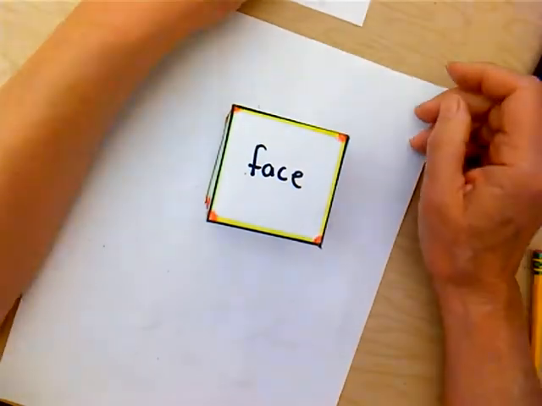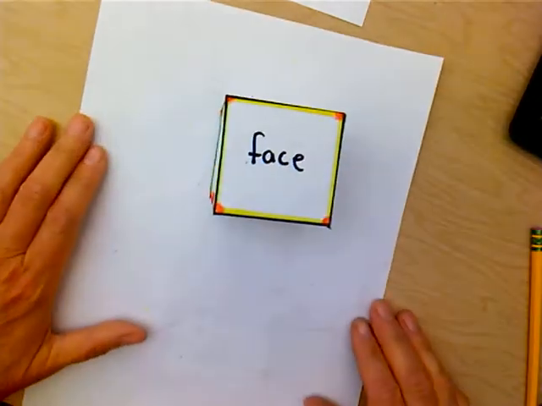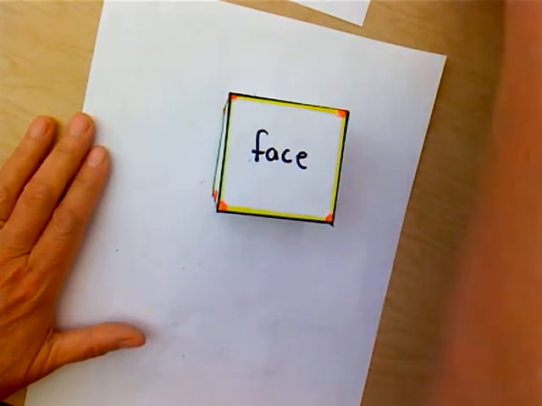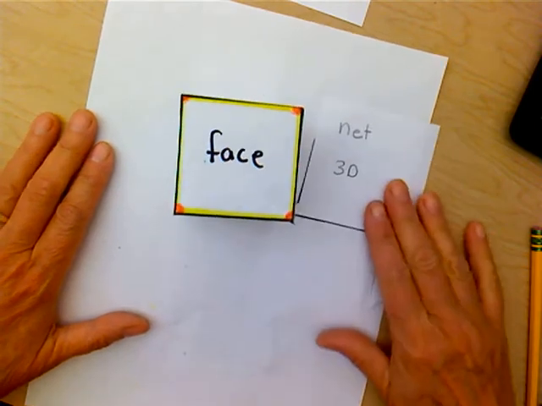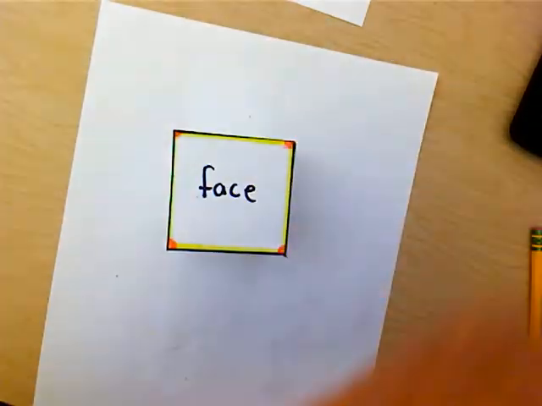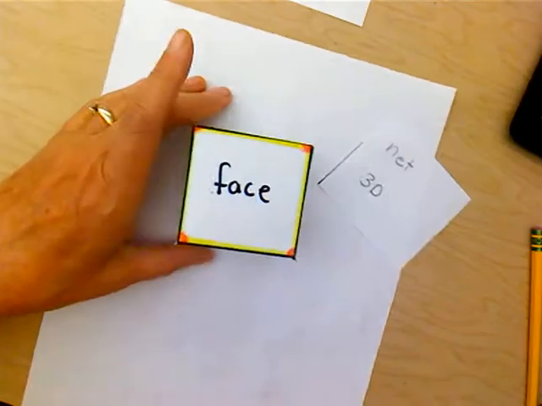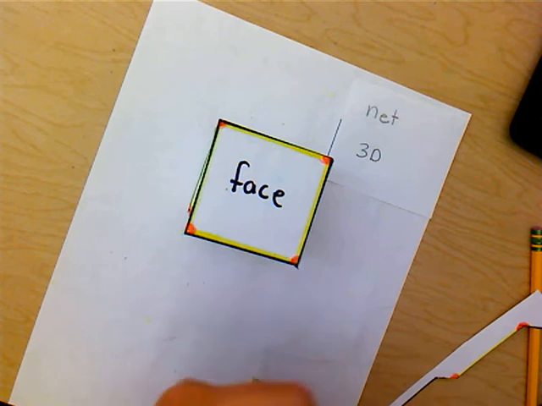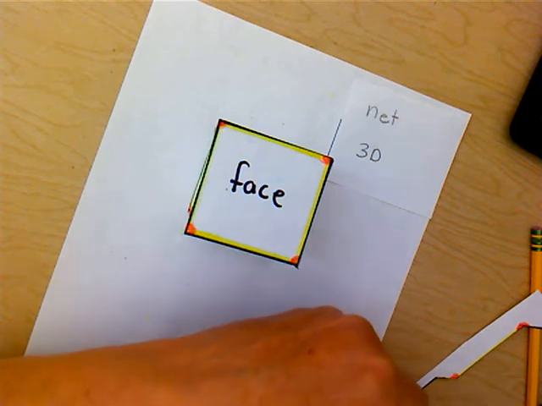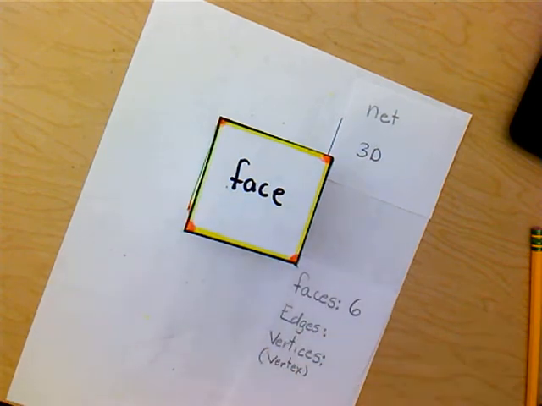All right, so now when you get that completed, and I went from the net, which was the pattern, to now a three-dimensional shape, I do want to use my three-dimensional shape to help me count how many vertices I have and how many edges I have. So I'm just taking this little piece of paper that came off of my net so that I can use it to complete this assignment.